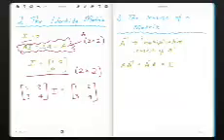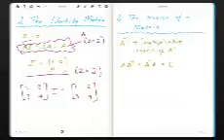Now we're going to look at the inverse of a matrix. So unfortunately, we can't actually divide one matrix by another. It just doesn't work. So instead of dividing, what we do is they've come up with what they call the inverse of a matrix.